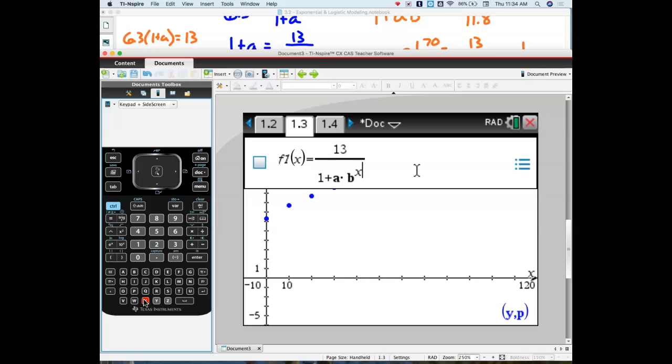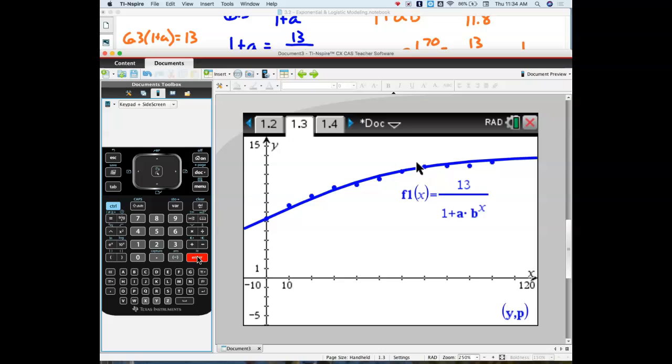And it will automatically pull the A and pull the B into it. And when I hit enter, hopefully it goes on there nice and pretty. Which it went through our y-intercept that we chose, and it went through our 70th point, which we chose.